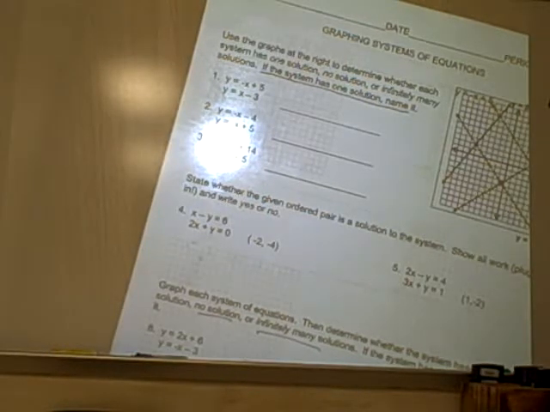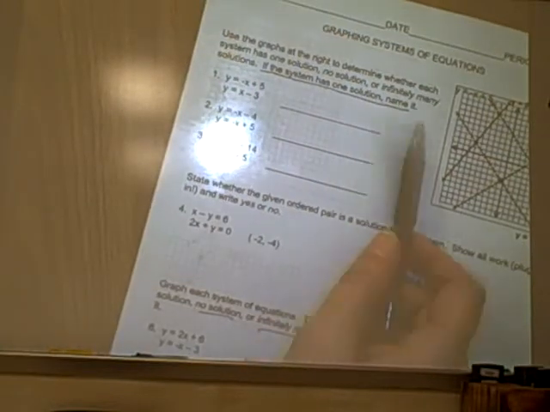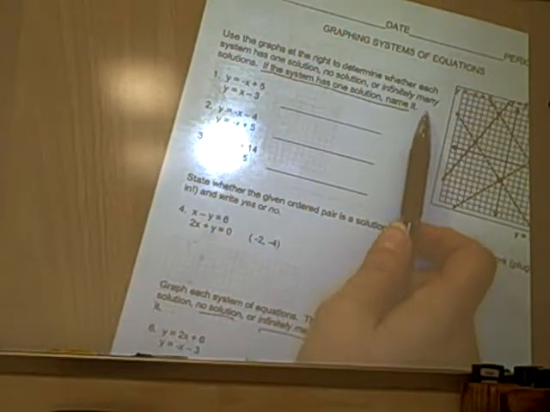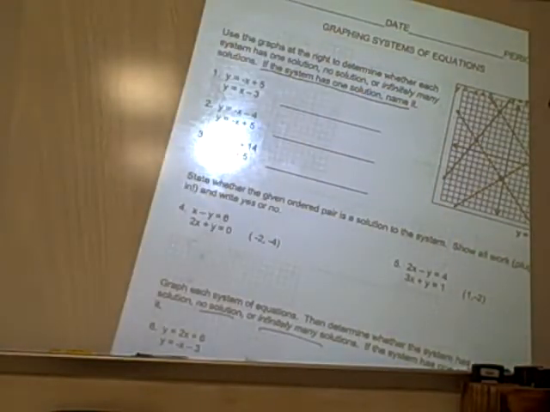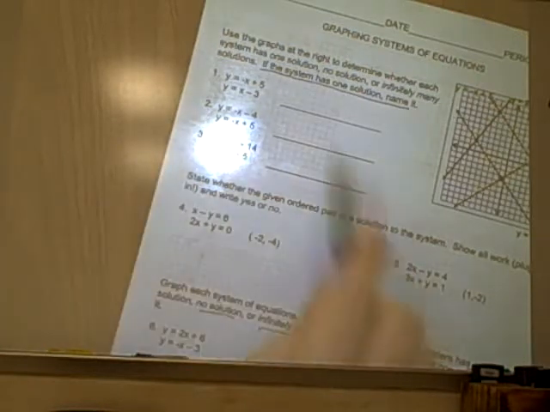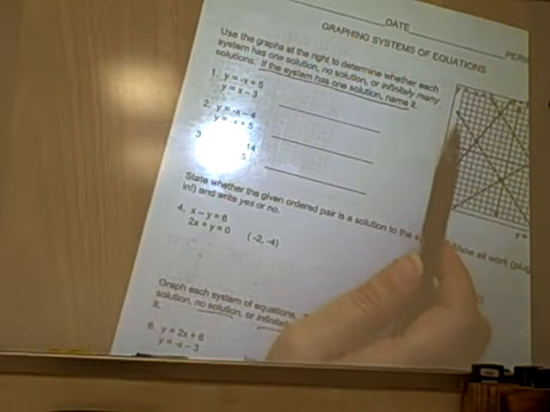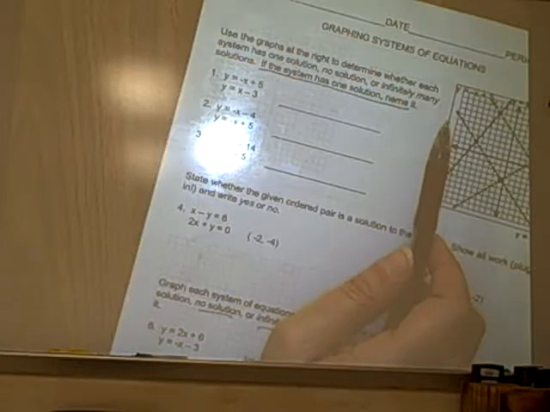But if it has one solution, not only do you tell me it has one solution, but you tell me the point. Obviously you're not going to write all the points if it's infinitely many, because that would take an infinite amount of time, and we don't have that. So the only one you have to write the point for is if they actually cross at one point. If it's one solution, you have to tell me the point, or else you'll miss part of it. So be careful with that.